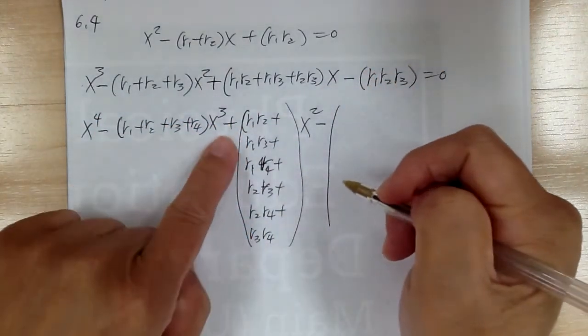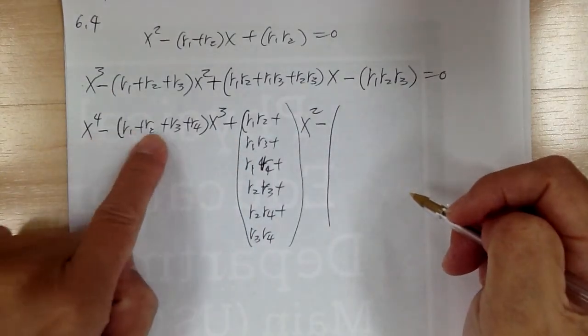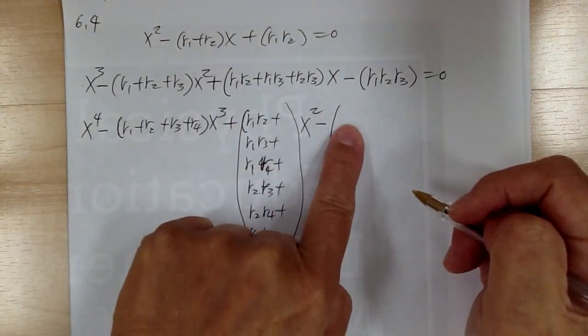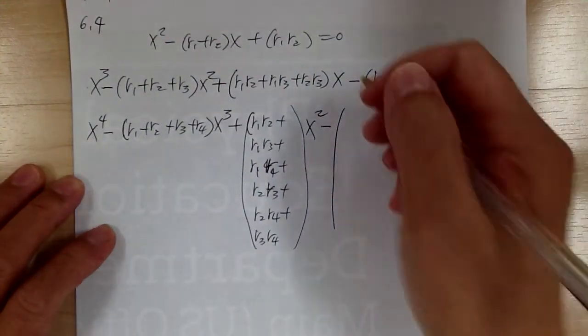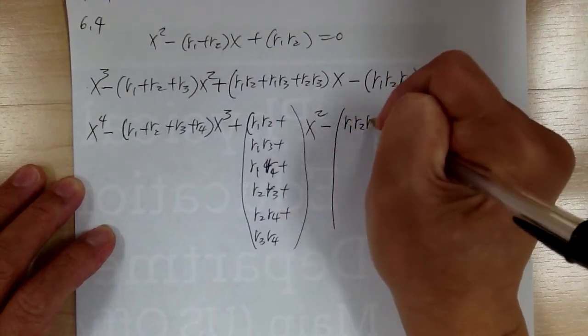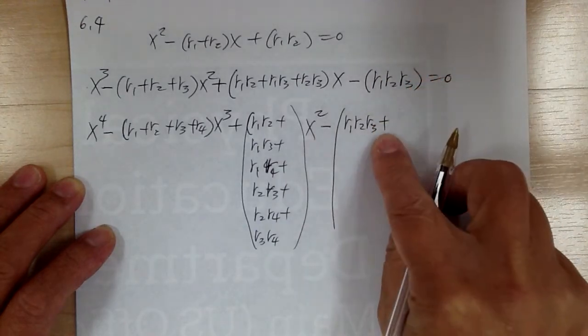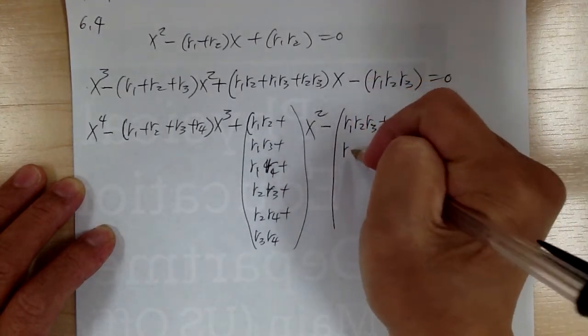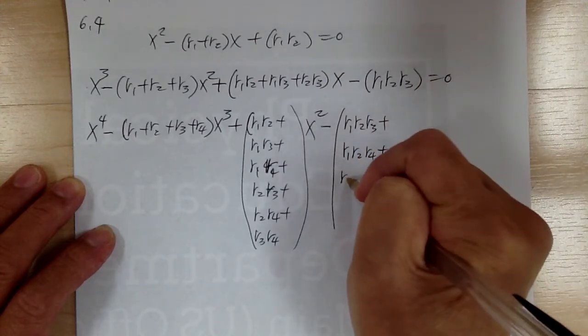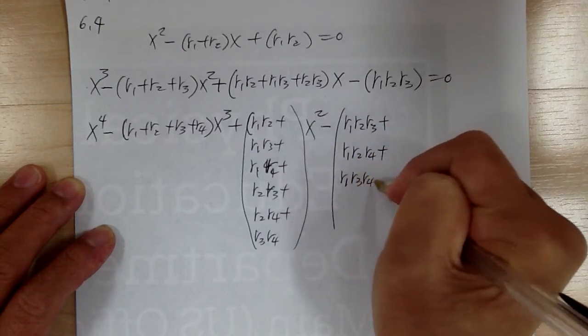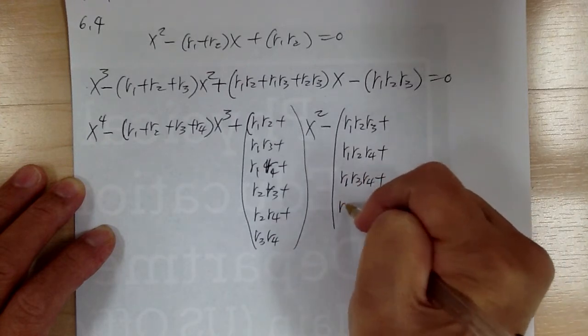So now take none at a time, one at a time, two at a time. Now you're going to take three at a time. When you take three at a time, it's easier to think of which one you don't want. You start with r1 r2 r3, so you're missing r4. Then you're missing r3 next, then r2 next, then r1 next.